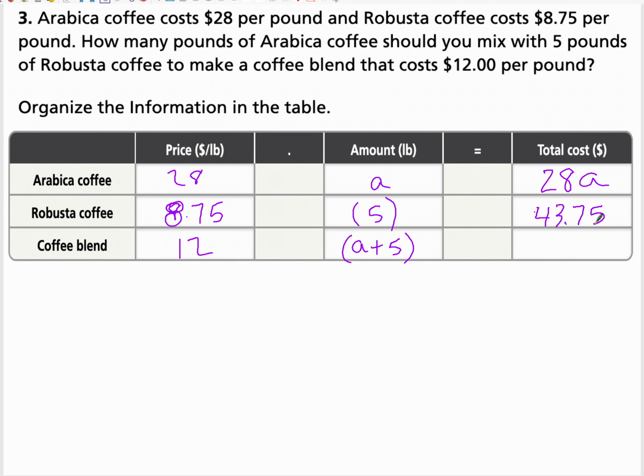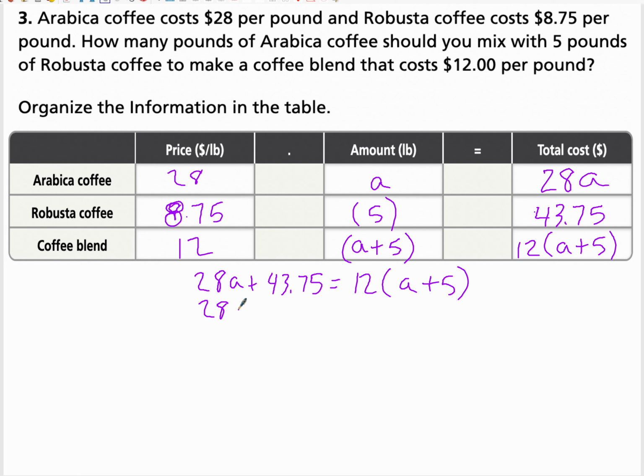And then this one is 12 times A plus 5. So set it up just like the last one: 28A plus 43.75 equals 12 times A plus 5.